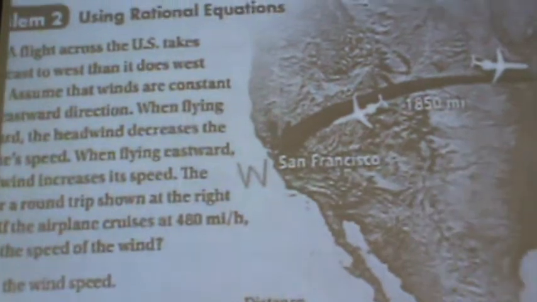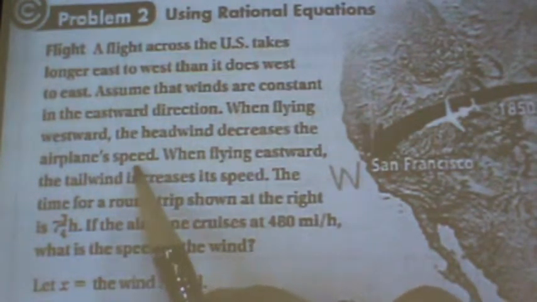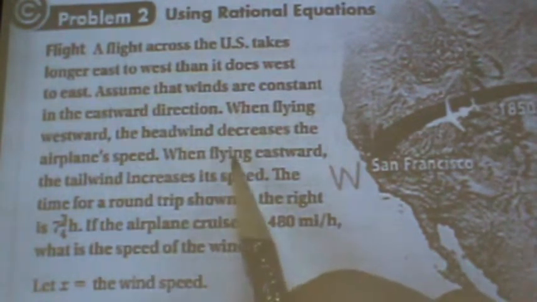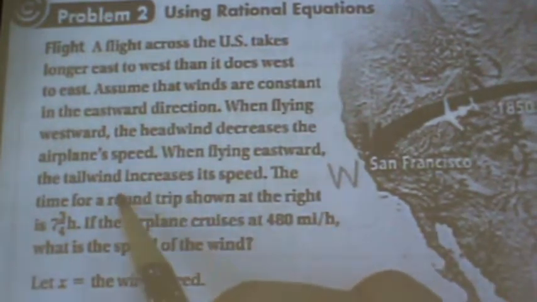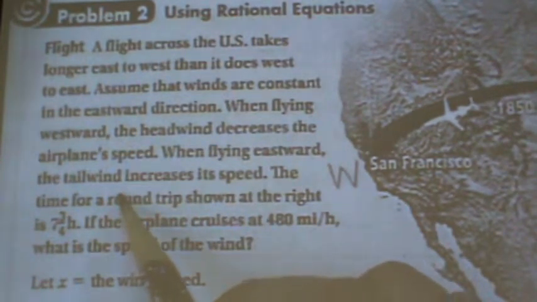Right here. Here's west. So when we're flying west, we have headwind. It's going to slow the airplane speed down. When you're flying eastward, we're going to go faster. We like tailwind. So it's going to be R plus W.